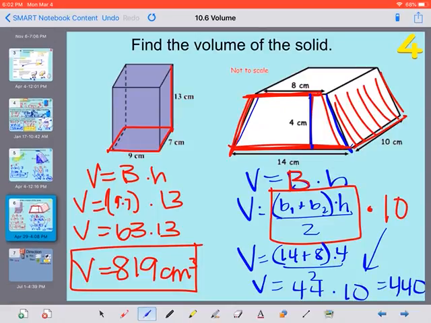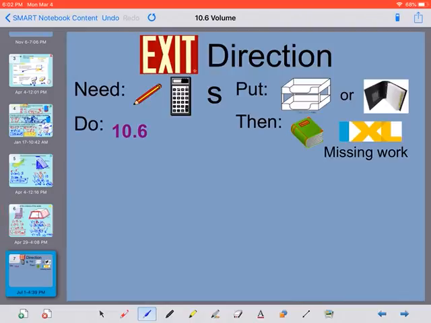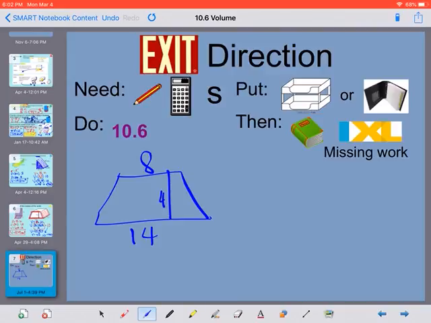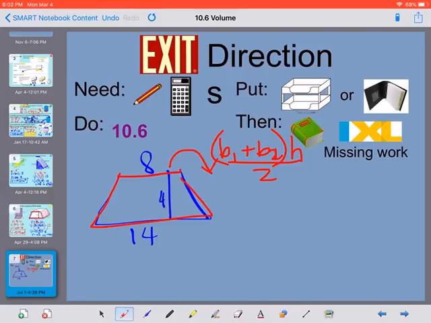And that is it. I am going to explain on this slide about the area of a trapezoid, because if we have a trapezoid here, if we have 14, 8, and 4. The reason why we add base 1 plus base 2 times our height and then divide by 2 is because if this is 8, let's imagine for a minute that I'm going to take this exact same trapezoid and rotate it and flip it over.